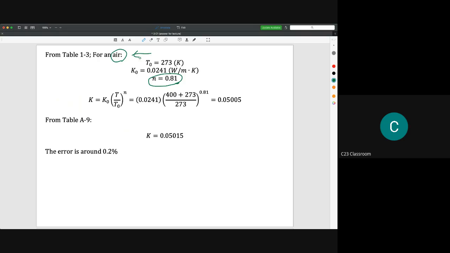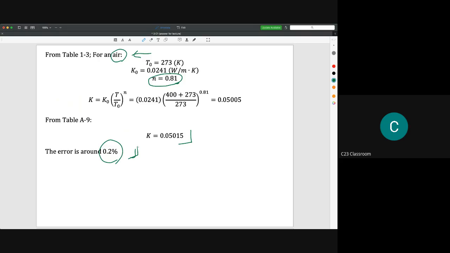Okay, so you substitute in the value, and you will find K is around 0.005015. And if you compare with the calculated one, the error is 0.2%. So why?